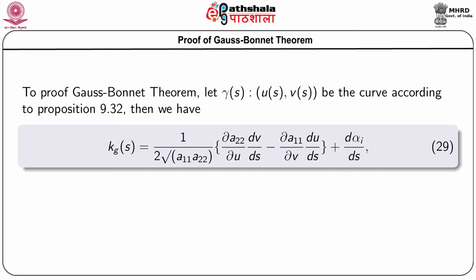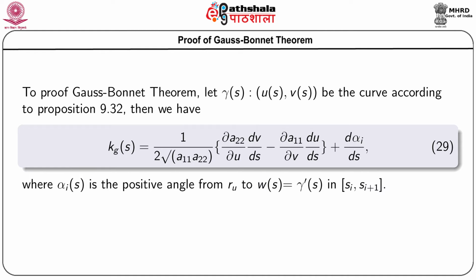We have obtained this expression from proposition 9.32, where alpha is the positive angle from R_u to gamma dash s within the interval s_i and s_i plus 1.